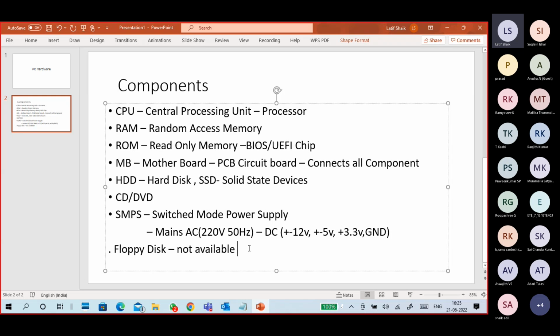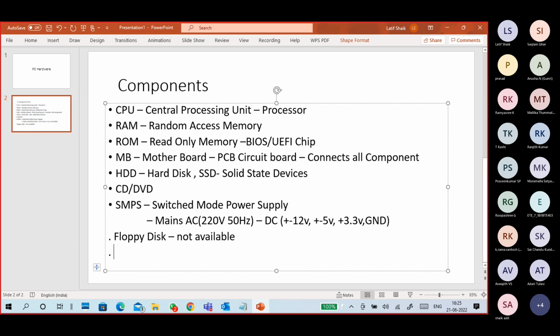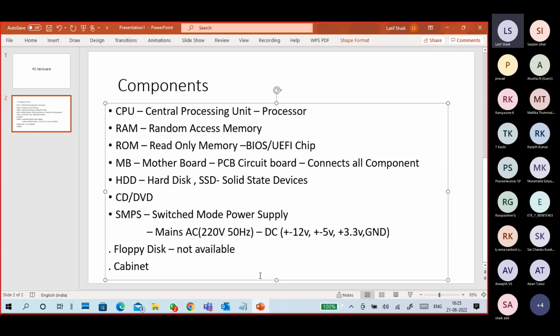Currently either DVD or Blu-ray we are using, and those are also not important nowadays. We have USB ports and all. So these are the internal components of a computer. So what is there in external? Overall, it's inside a cabinet.